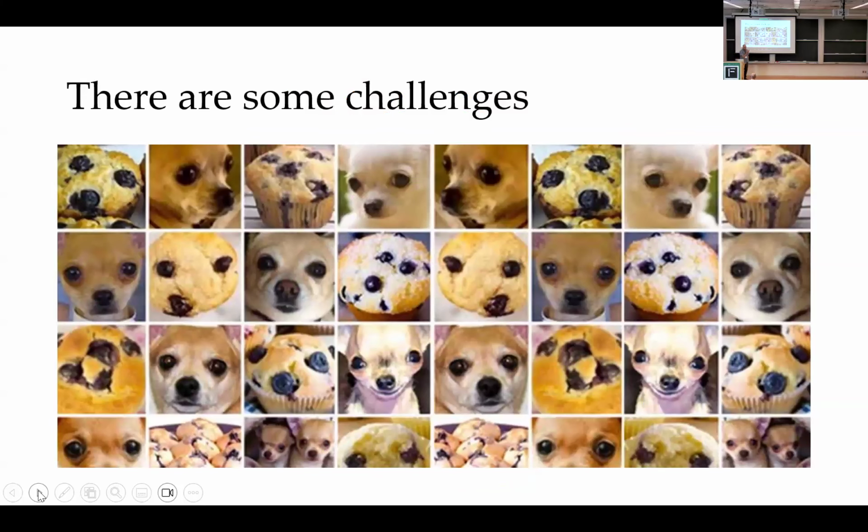All right, so as I said, there are some challenges to image classification. Here you see some pictures of blueberry muffins and chihuahuas. Many of these models do well on many things, but there were surprising moments of disappointment.